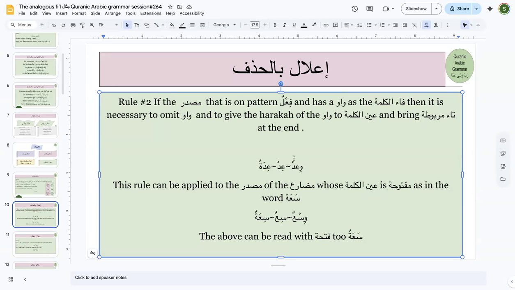So this word idatun originally was fi'ilun. So what happened? Waw got omitted. The first thing was it is necessary to omit waw, and the haraka of waw is given to the ainul kalima. And as a last step, we have ta marbuta added to the word.